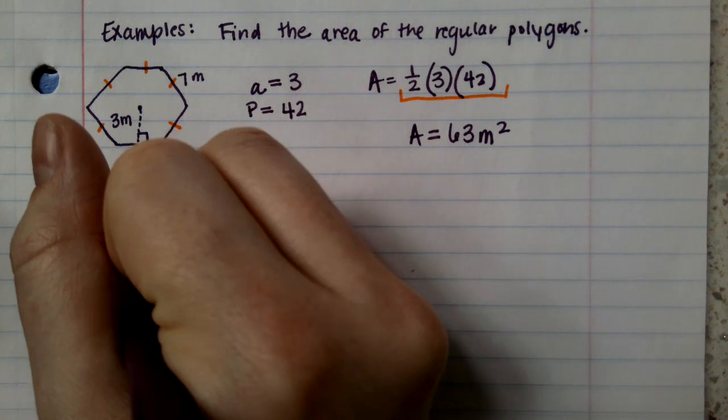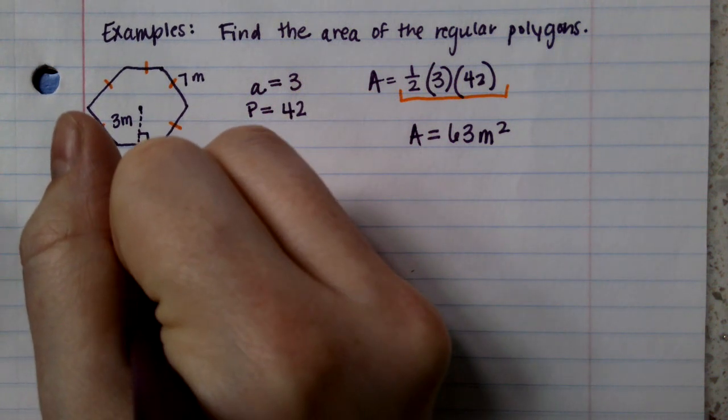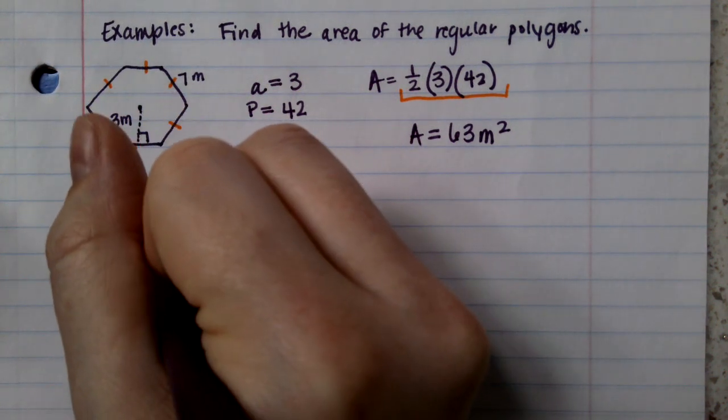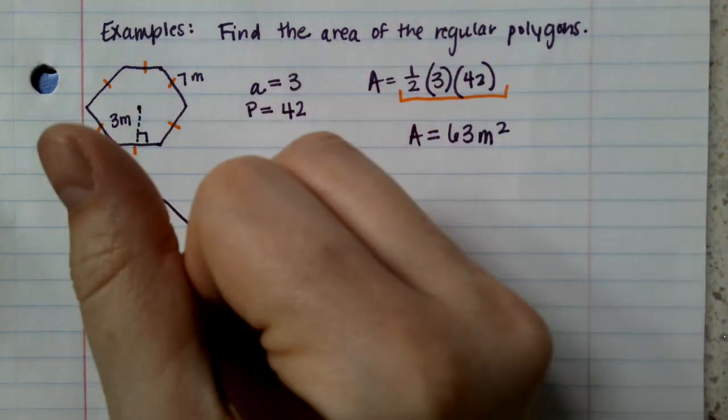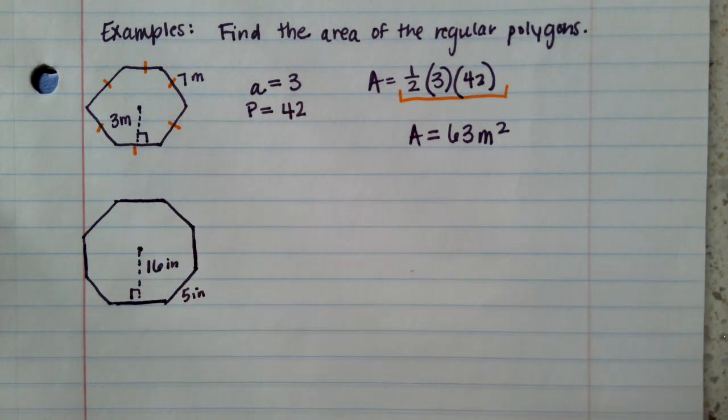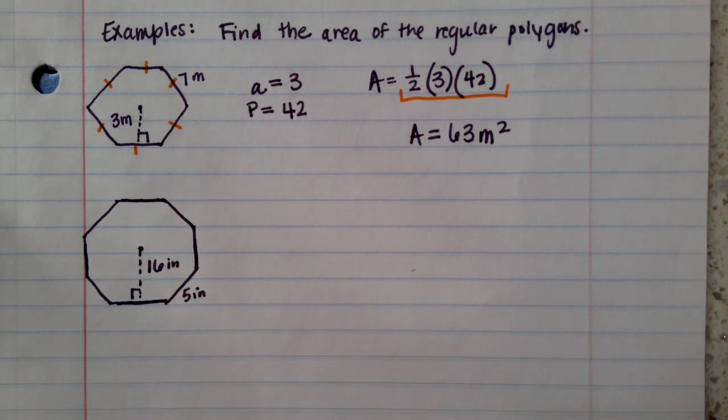And it gives me this length here is 16 inches. And then it gives me this length here is 5 inches. So I actually want you to pause this one and do this one on your own, and then we will come back to it. So then you'll unpause and see the answer.